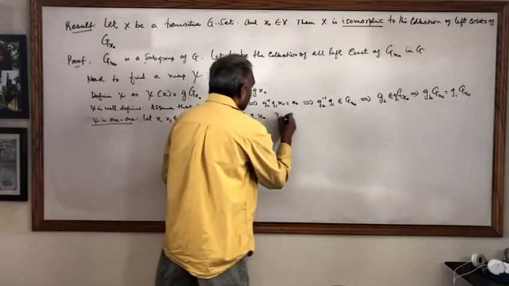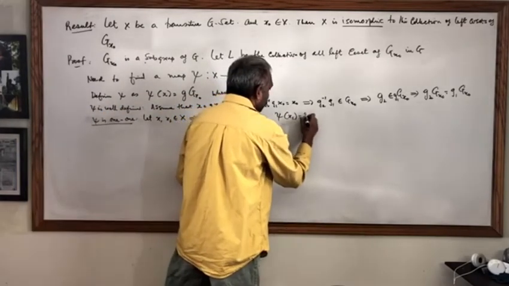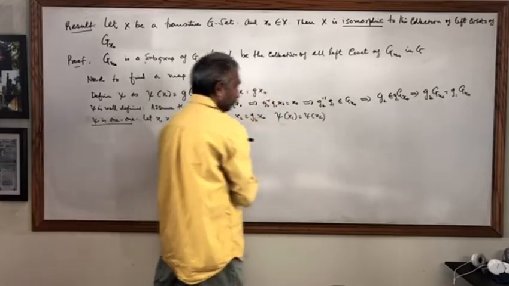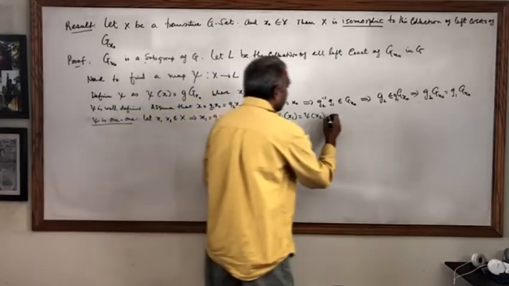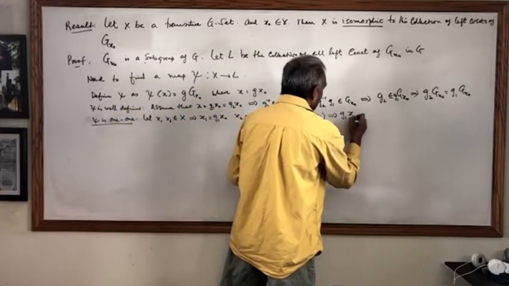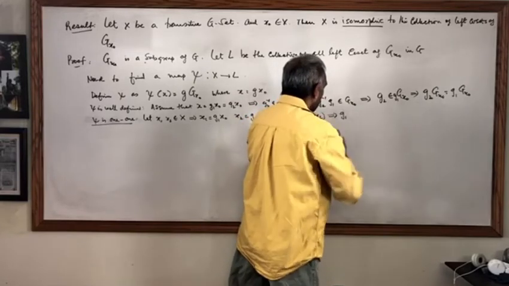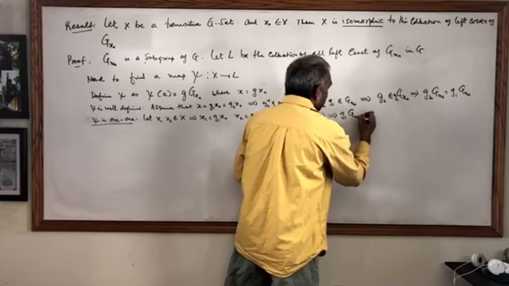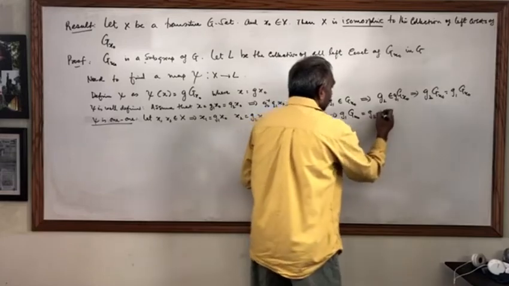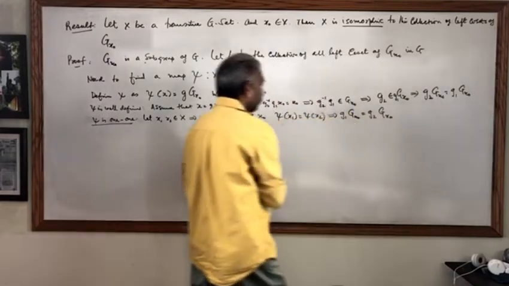So assume that psi of x1 is equal to psi of x2, and that implies g1 Gx0 is equal to g2 Gx0, because that is how we defined it.